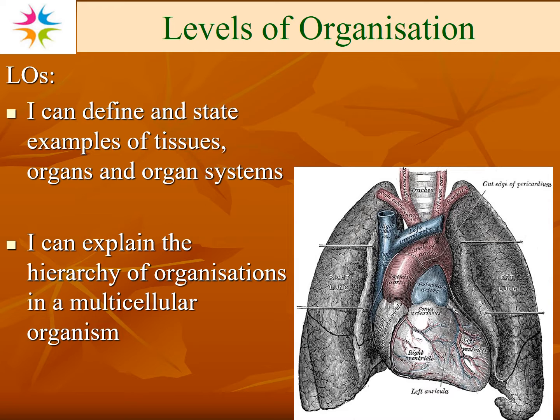The word multicellular means many cells, and organisms like us, like your dog or cat or parrot or whatever animal it is that you have at home, are multicellular organisms because they're made of more than one type of cell.